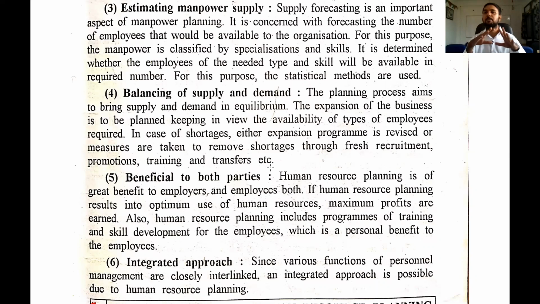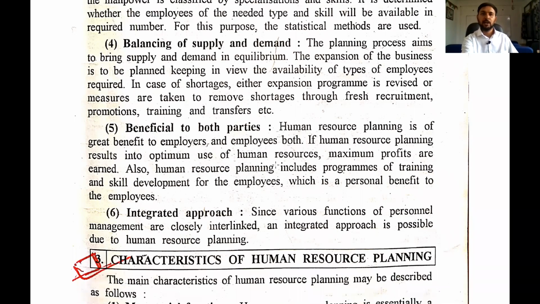So with the planning of expansion, you also need more employees, and to get more employees you need to take such actions so that you get the number of employees you require. So this is what balancing of demand and supply means. Whatever the demand is, there must be enough employees available to meet the demand. Now guys, this is also one of the things focused on in human resource planning.